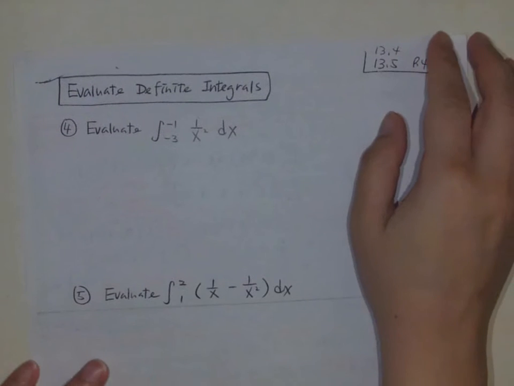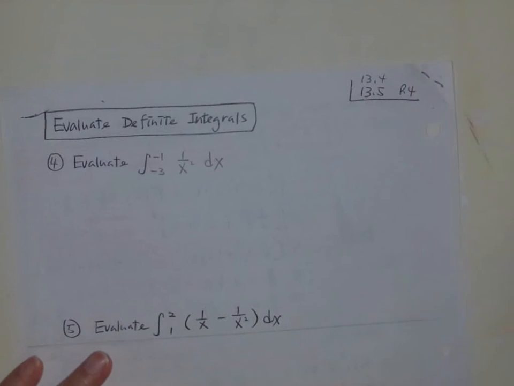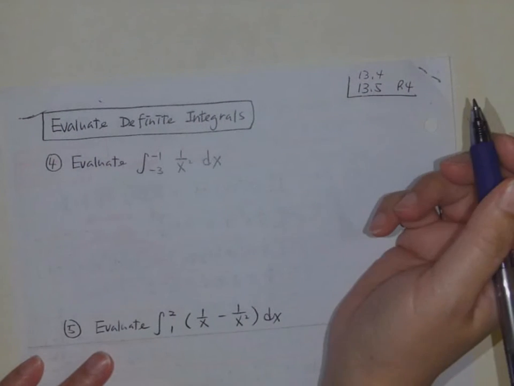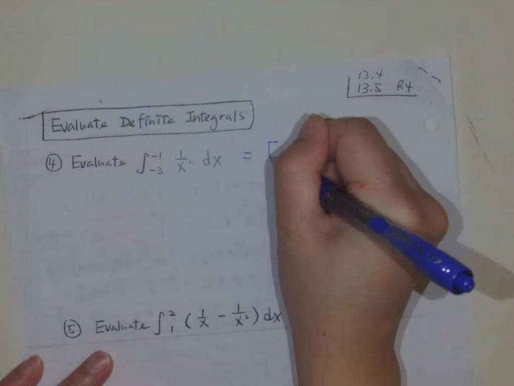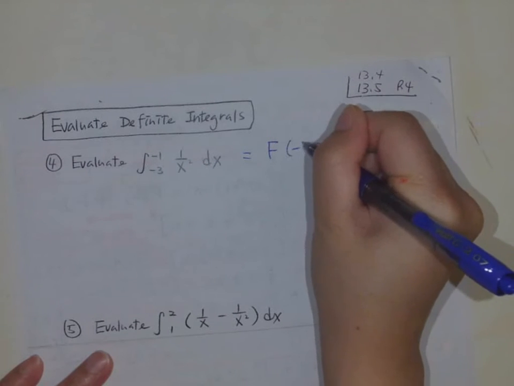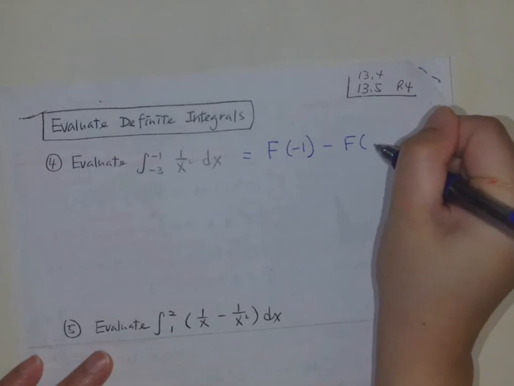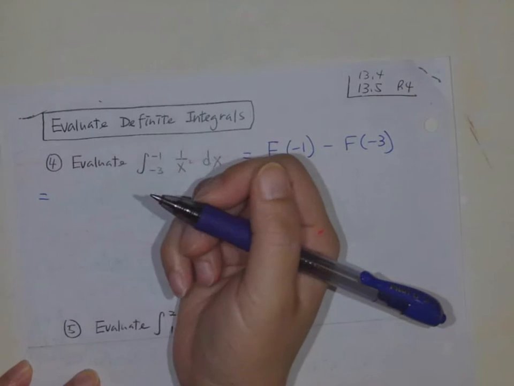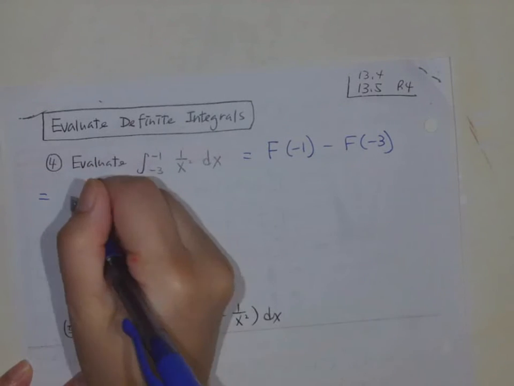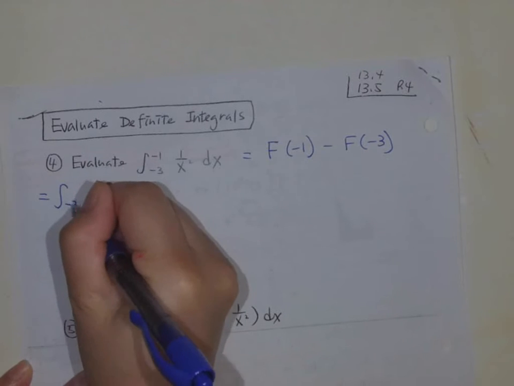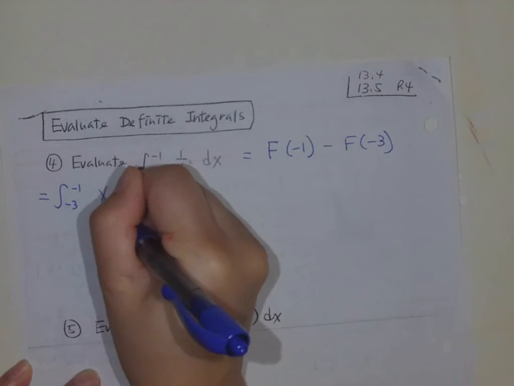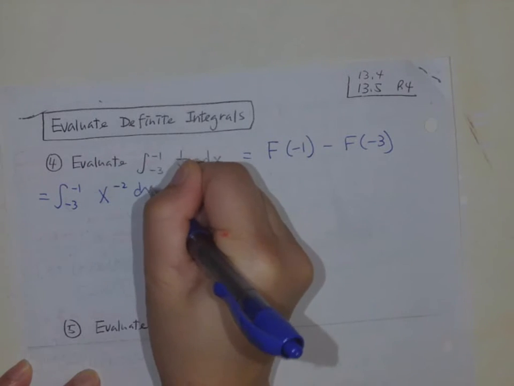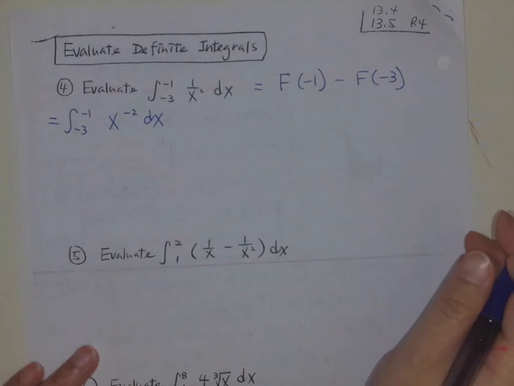Alright, the next one this time is not ln of x, because it's x squared. But again, we're going to use the antiderivative of the upper limit, subtracting the antiderivative of the lower limit. I can rewrite that, this is from -3 to -1, as x raised to the -2 power dx.